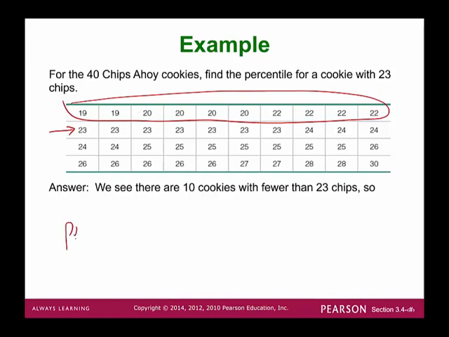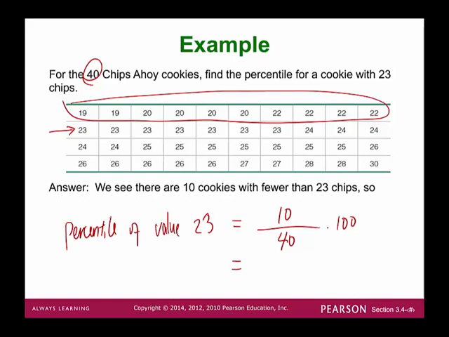So the percentile of data value 23. The number of data values below 23 is 10, over the total data values, in this case 40. 10 over 40 times 100, that becomes 1,000 over 40, which becomes 25.